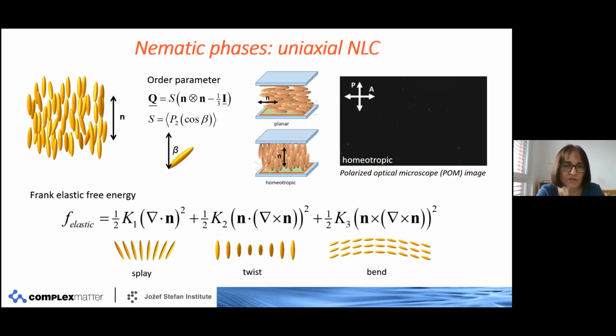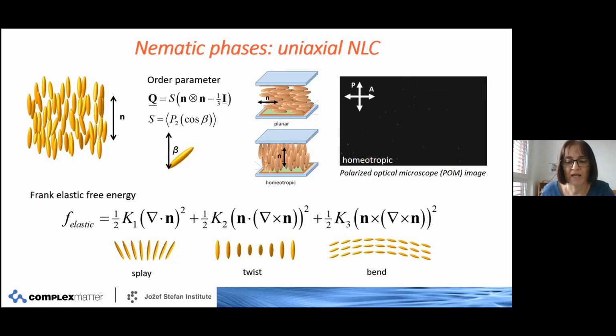They have inversion symmetry, so the plus n and minus n directions are equal. That is why the order parameter of the uniaxial nematic phase is a tensor, which can be written in terms of the director as shown here. S here is the scalar order parameter, which tells how well on average the molecules are oriented in the direction of the director.